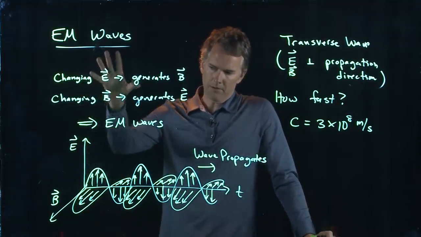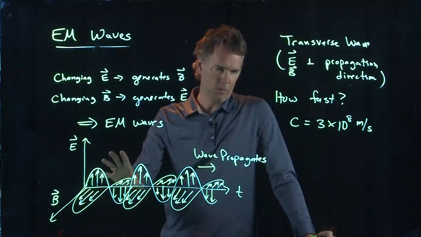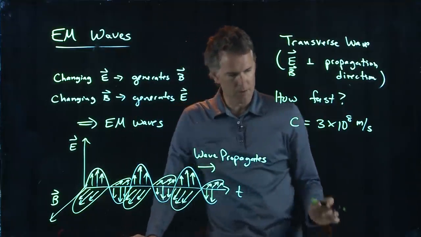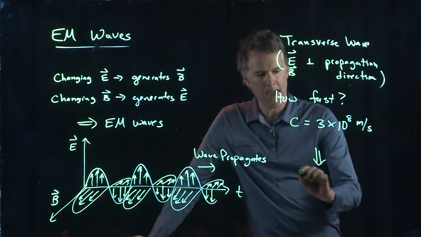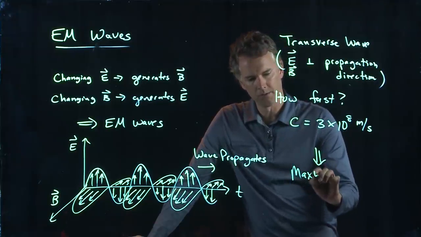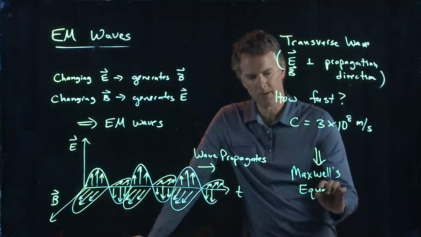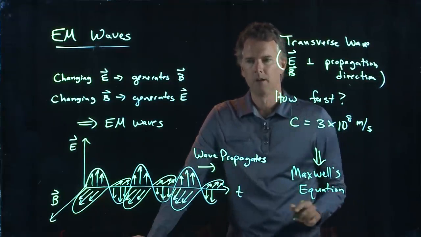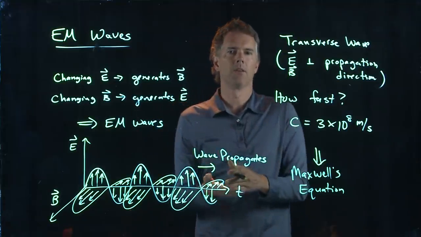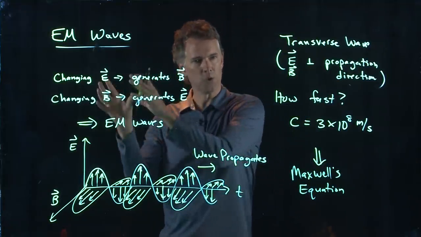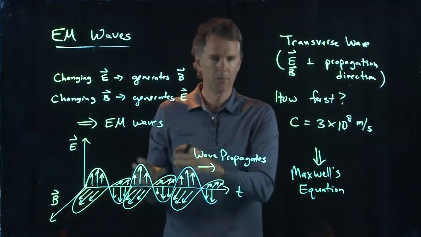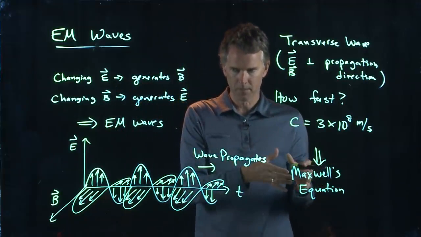So this stuff, electromagnetic waves, came about from something called Maxwell's equations. And up until Maxwell, we had independent quantities. We had electricity, and then we had magnetism.